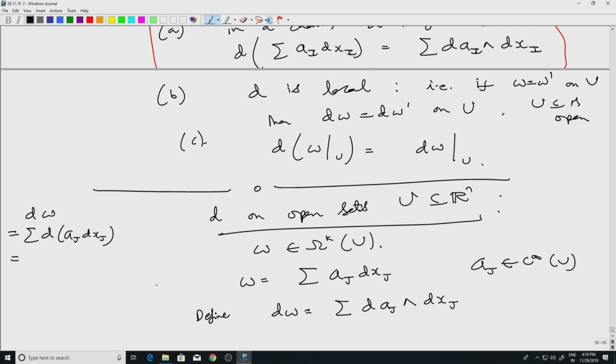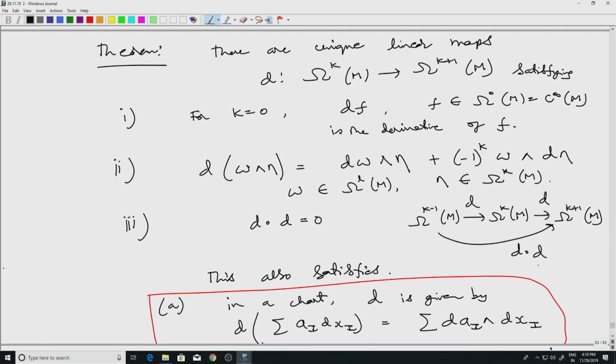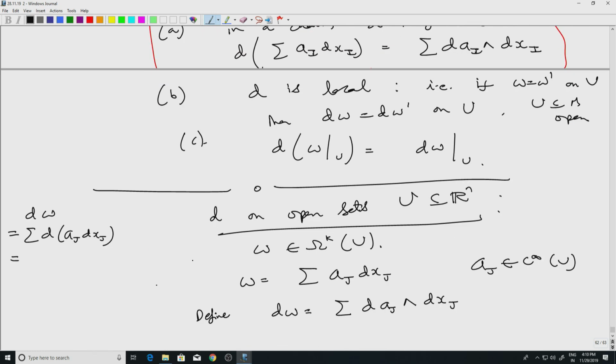Then if I impose the Leibniz rule condition, I would get daj wedge dxj plus minus 1 to the power k, aj wedge d of dxj.